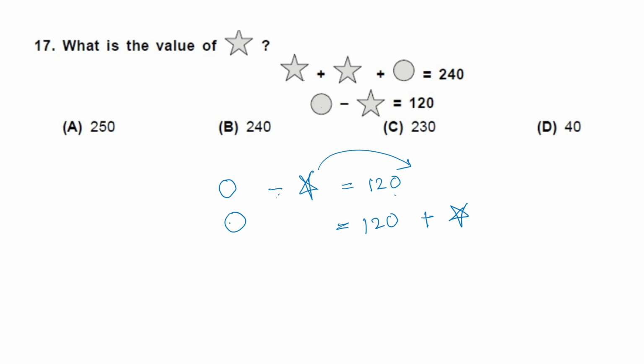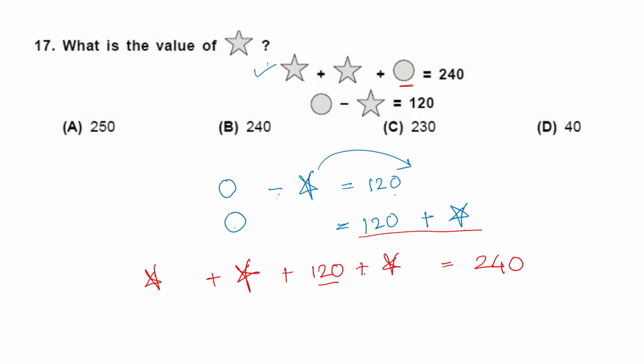Now that I know that circle can be represented in terms of star with this equation, I'll replace it in this top equation. So that will be star plus star, and in place of circle I'll write this equation, which is 120 plus star is equal to 240.